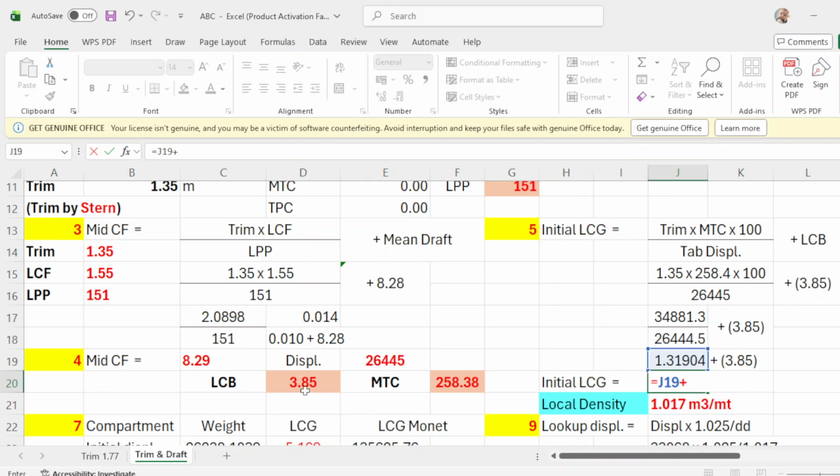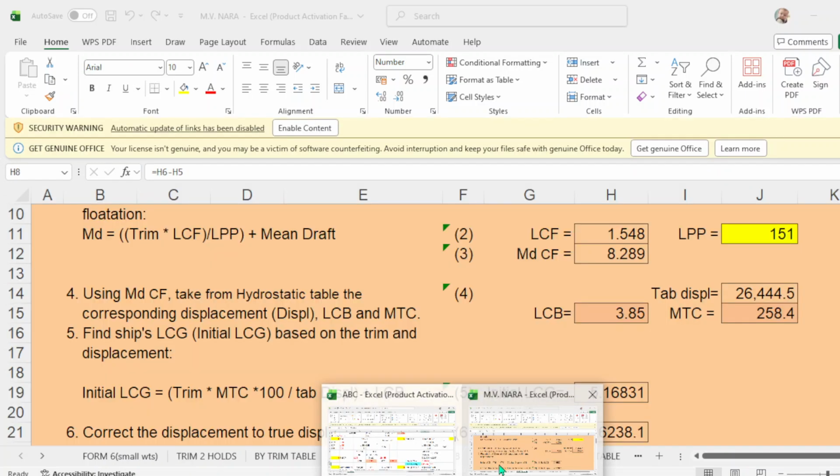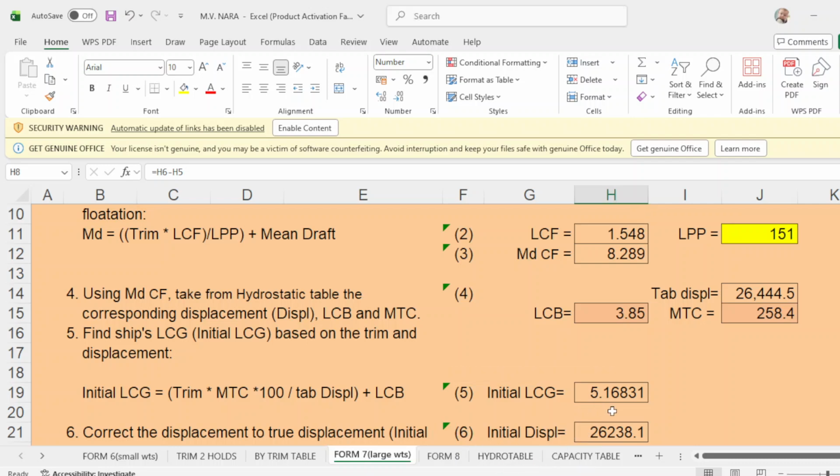LCB is this one, 385, equals, your initial LCG is 5.1690. So your initial LCG is 5.16831.